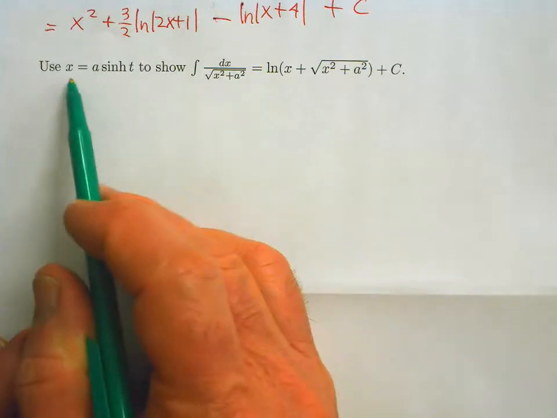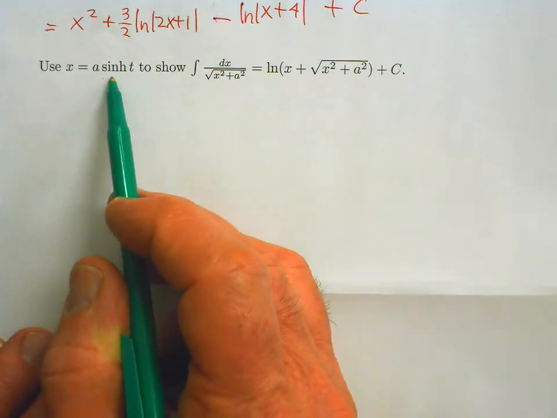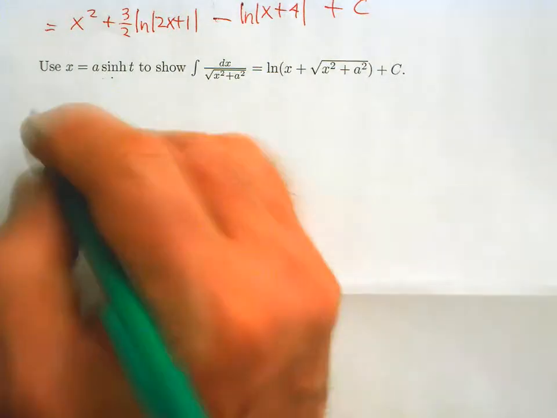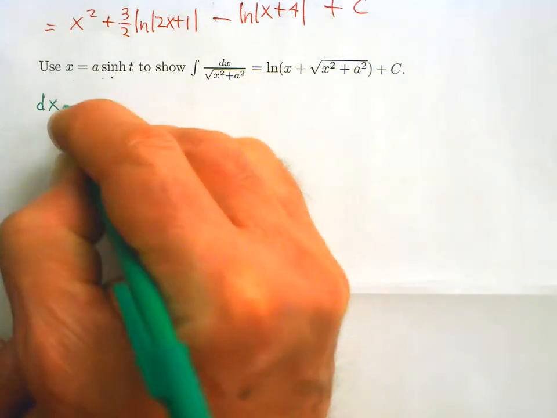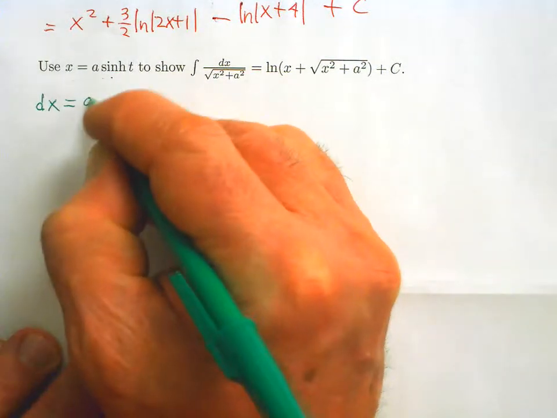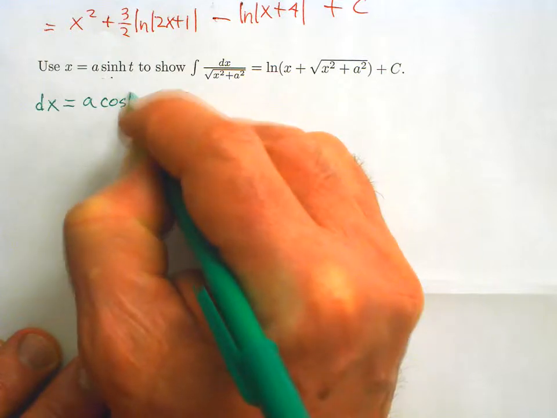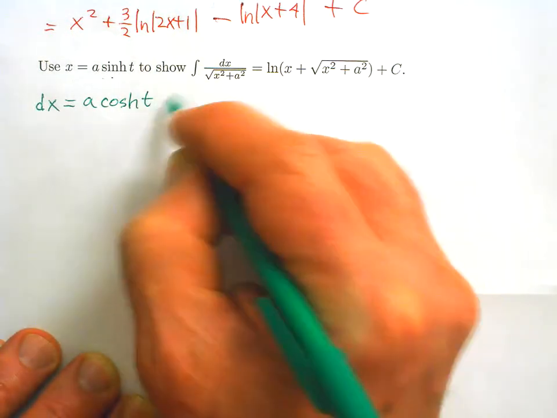Okay, so if x is a times the hyperbolic sine of t, then dx is a times the hyperbolic cosine of t, dt.